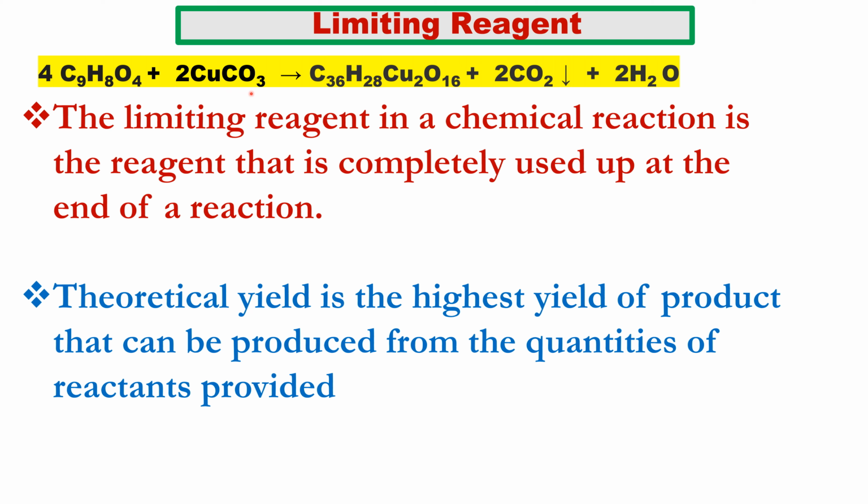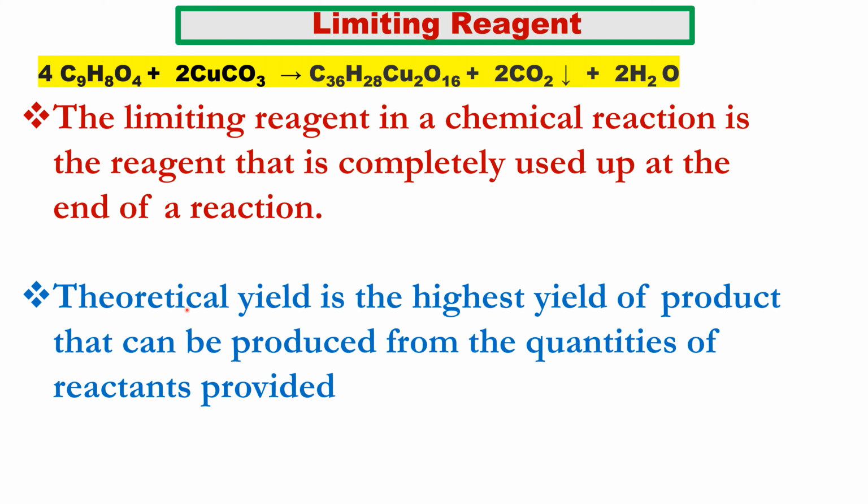Theoretical yield is the maximum amount of product that can be formed from the given amounts of reactants. So, theoretical yield is the maximum amount of this product that can be formed from the given amounts of these two reactants.